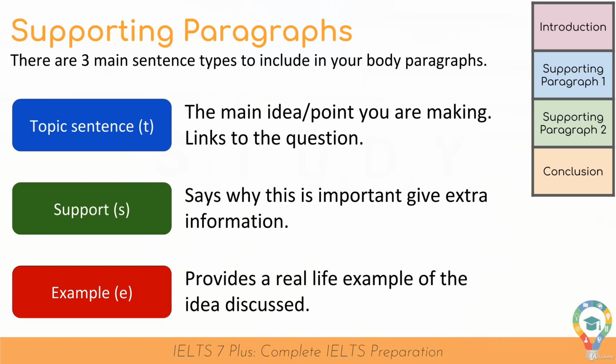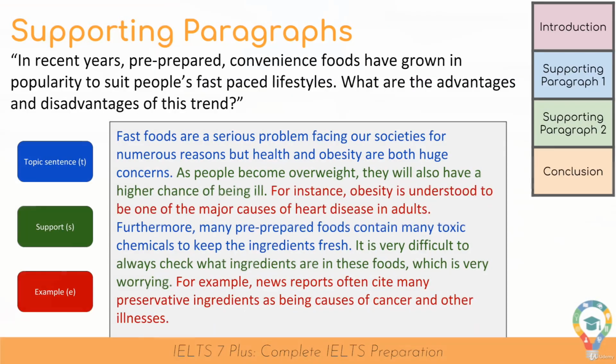Let's see how I use these 3 sentence types to create a really good supporting paragraph. We'll return to the question seen previously, all about the advantages and disadvantages of fast foods. Let's read through this supporting paragraph.